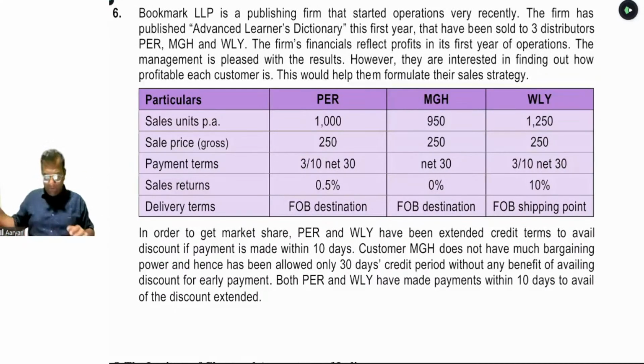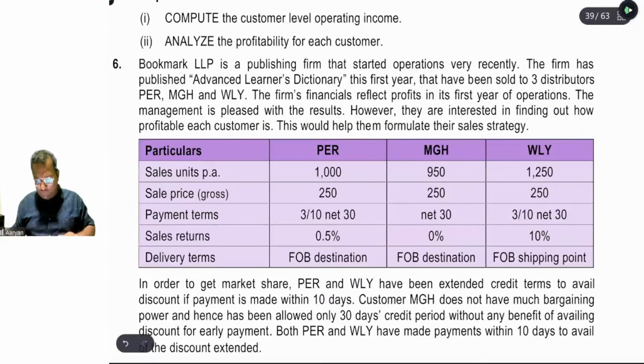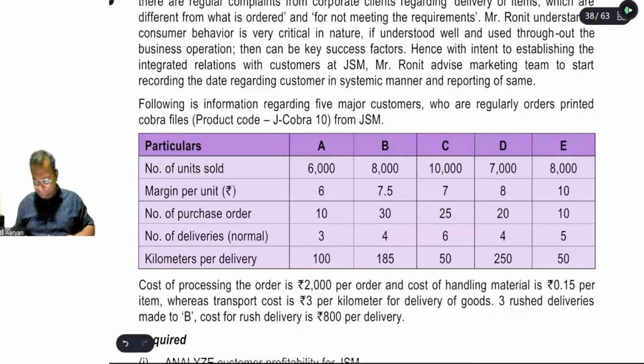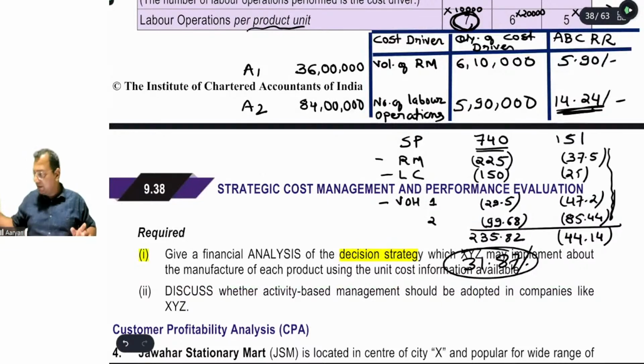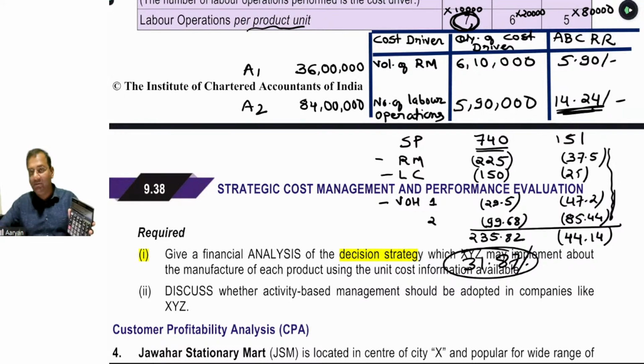It is very simple. Total all the costs. This is the minimum amount you want to recover from the product. Have a total of all these: 37.5 plus 25 plus 47.2 plus 85.44. This is the variable cost. If PV ratio is 28%, then variable cost ratio is 72%.